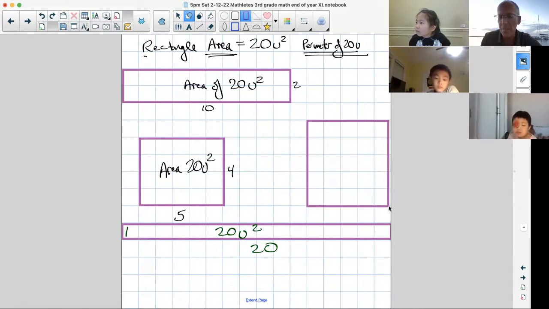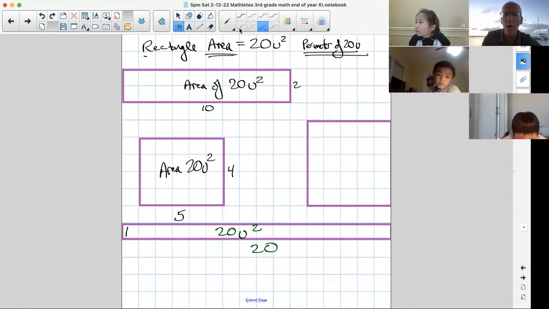Jason F, can you explain to me why you used a 5x5 rectangle to show a perimeter of 20? 5x5. Jason F, we cannot hear you because your mouth is not visible to us.